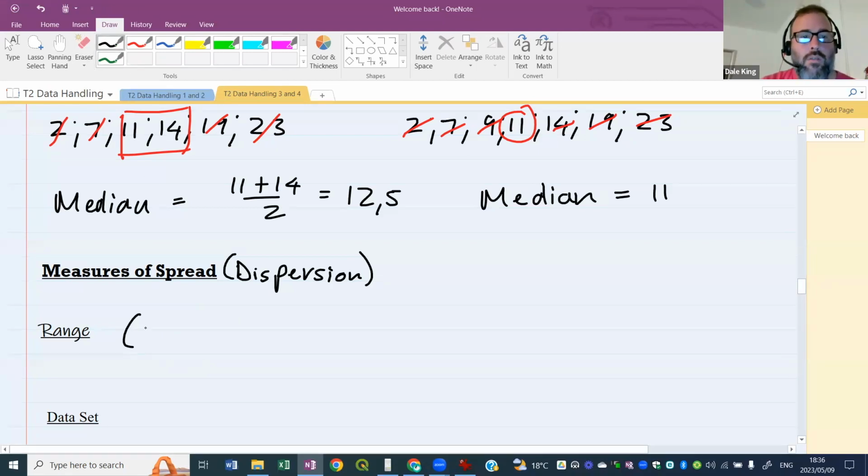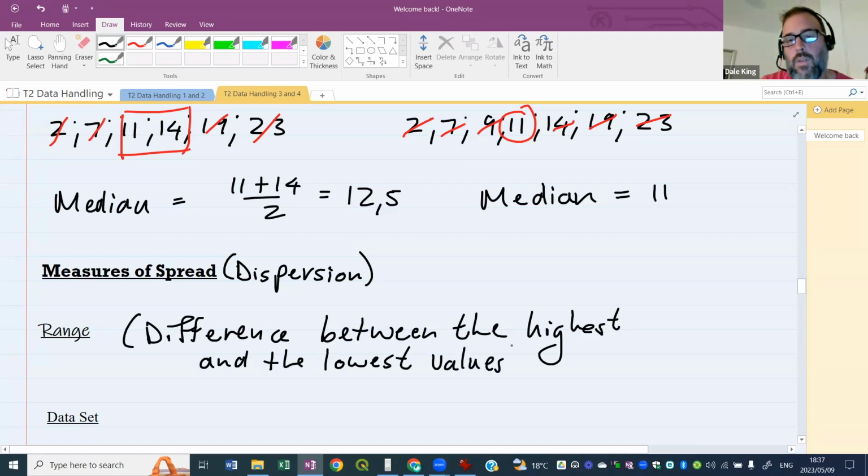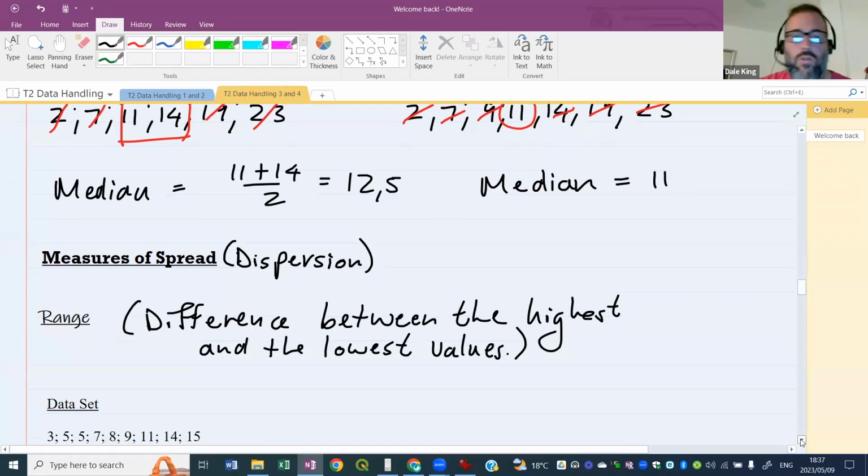It's the difference between the highest and the lowest values. All right, so the difference between the highest and the lowest values, that's the range. How far is it from the highest to the lowest?